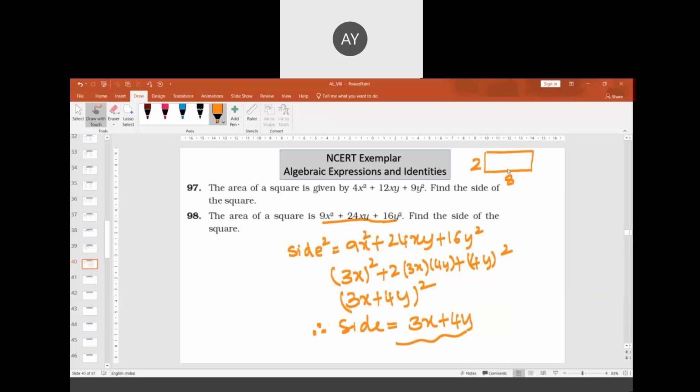What is the area here? 16 units. So the area of the square is 16. For this, 5 plus 3 into 5 minus 3. I have just given a numerical example. You will find other examples also.